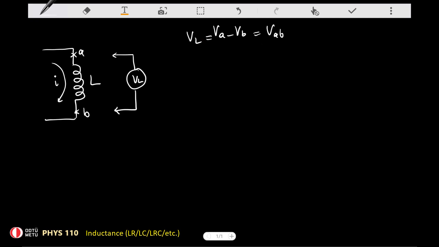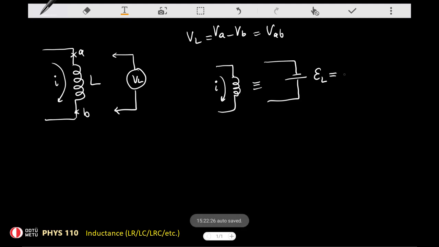Let's just remember this. For an inductor like that, where there's a choice of direction like this, and the current is along that direction, we replaced this with an EMF device like that, and the EMF of the device was given by Faraday's law.